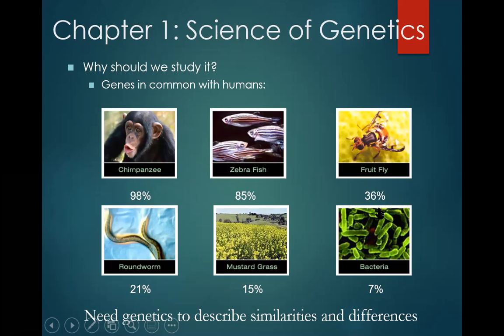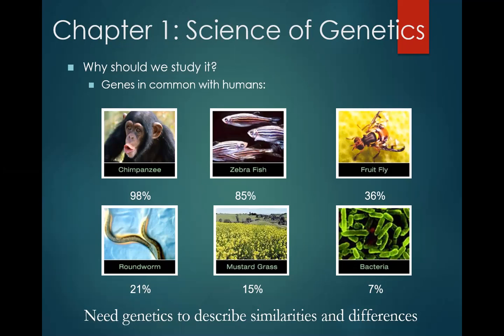Even the fruit fly has very similar genes to ours. We use a lot of these organisms as models to study because they're easier to manipulate. We can make genetic changes, and then we can figure out how those changes affect things like diseases, or we can use them to find treatments for the diseases.